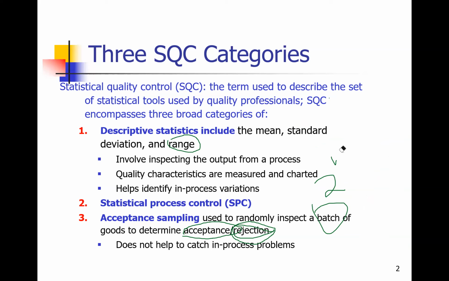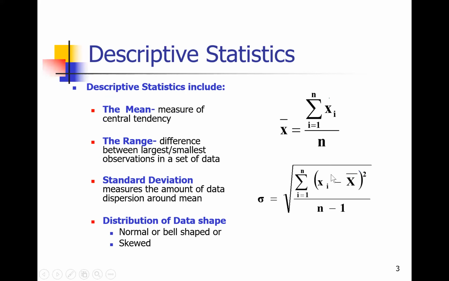So what I am talking about, the average or mean, is known as the central line. Mean is known as the center line. The measurement of mean, this is the formula.